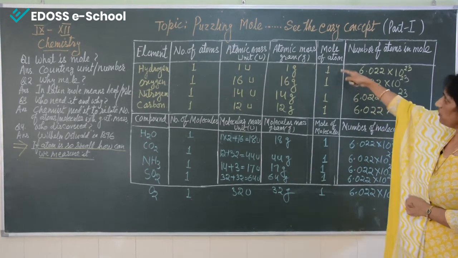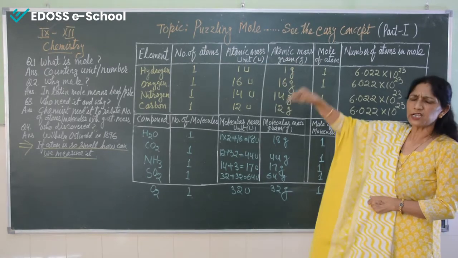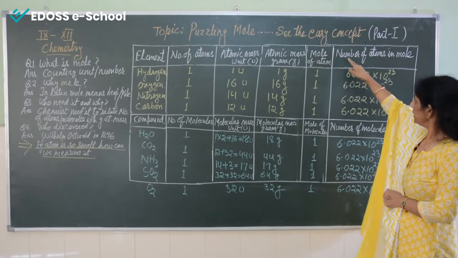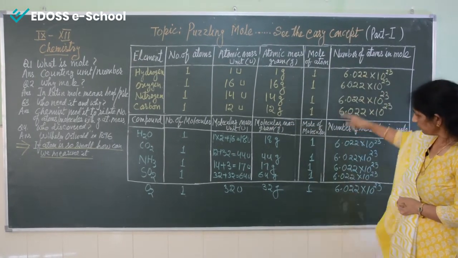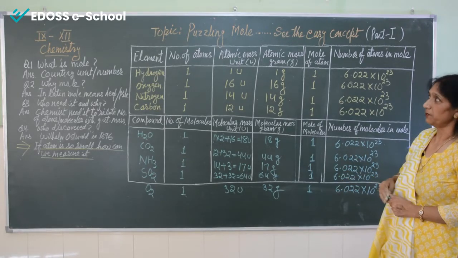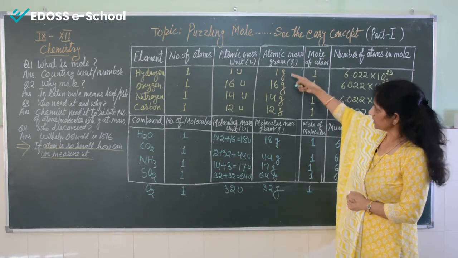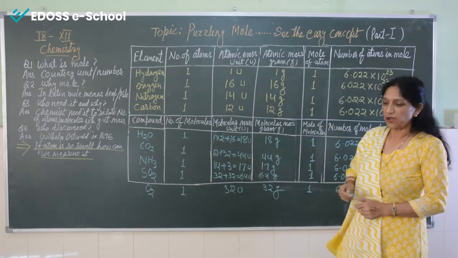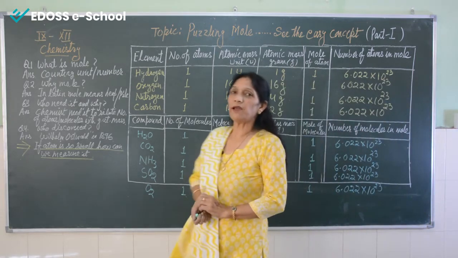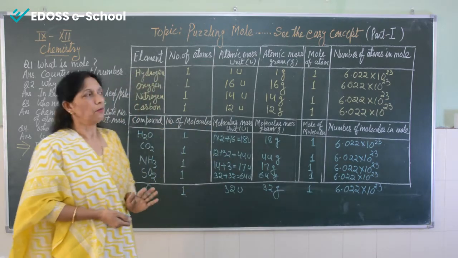If we are taking 1 mole of any element, compound or molecule, the number of atoms or molecules will always remain the same. But their gram atomic mass will be different, because every element has a different atomic mass.